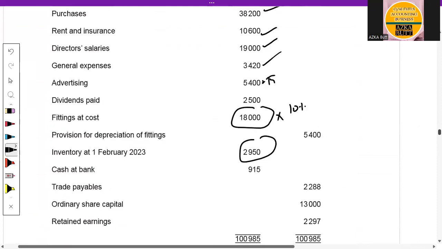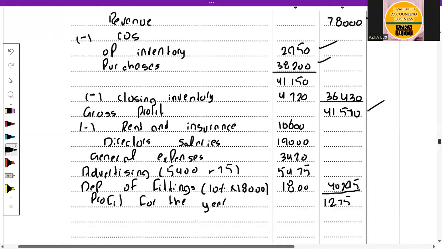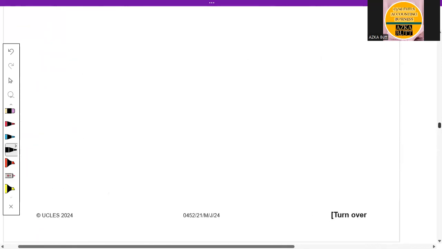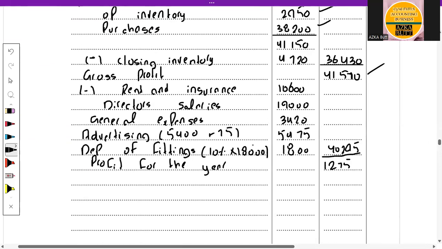So you will have the answer, which is 1800. So these are the total expenses. Dividend paid would not be part of expenses. That's why I didn't write it here. So these are the expenses, which is 40295. And now deduct these expenses from the gross profit. So 1275 would be the profit.